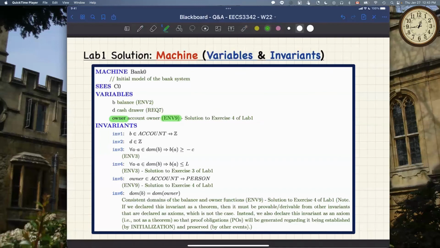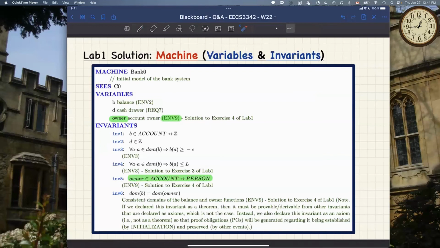And you can also see here the typing constraint for the owner. So what we're saying is owner is a member of the set of all possible partial functions between accounts and person. That means owner is a partial function, something you want to be careful about. And a partial function means that as long as you satisfy the functional property, you will be okay. So that means empty is okay to begin with.